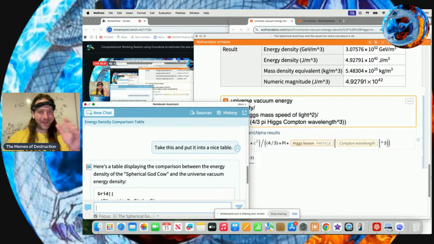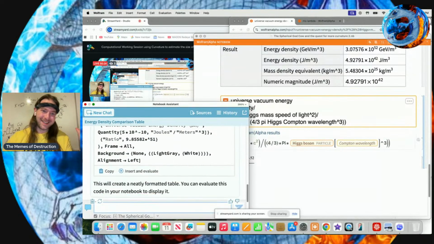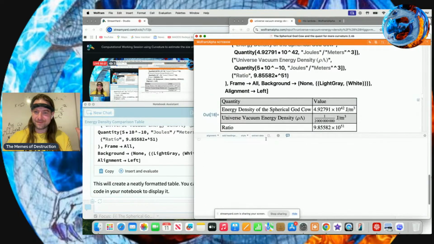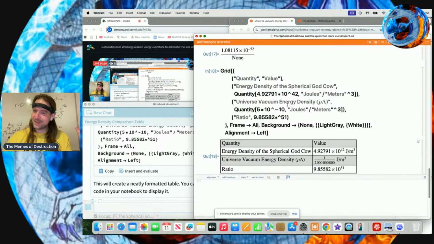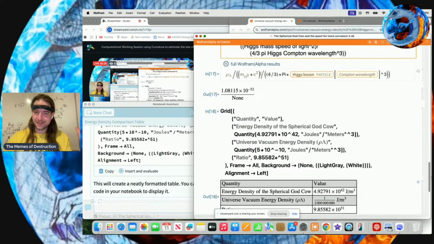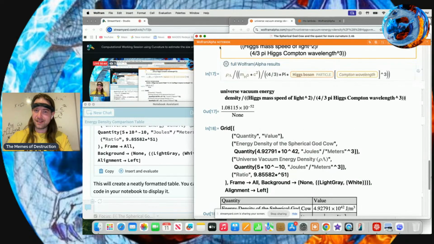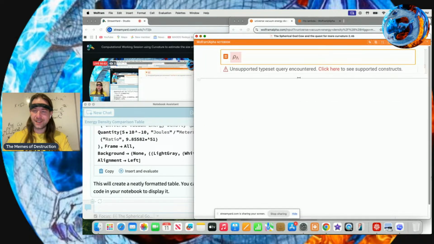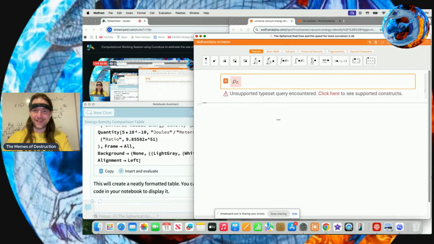Does it mean that politeness doesn't matter? All right. Okay. Let's see. Vacuum energy densities. Let's see. Let's see. Supported constructs. Oh. So let's go to this.